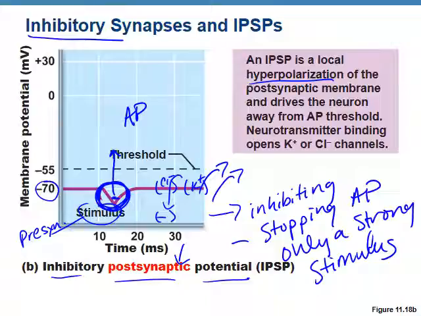So you can think of the excitatory as priming the postsynaptic neuron, getting it ready to fire more quickly, and you can think of this inhibitory as stopping the neuron from firing or limiting the ability of the neuron to fire only if there's a really, really strong stimulus.